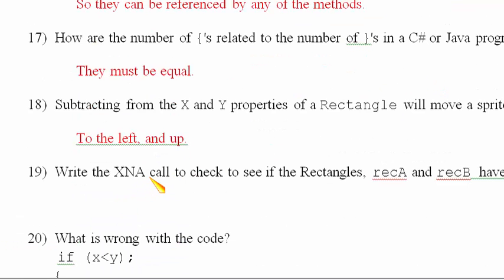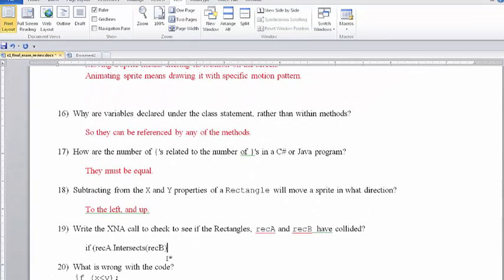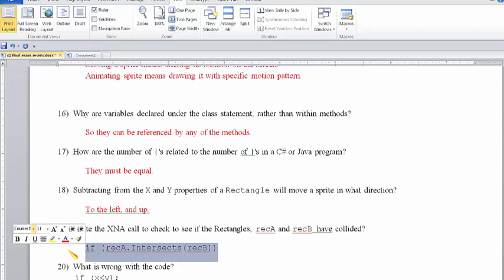Write the XNA call to check to see if rec A and rec B have collided. Well, it would be something like this: if rec A dot intersects rec B. And that's all it would be. Then you would do something based on whether or not that is true.